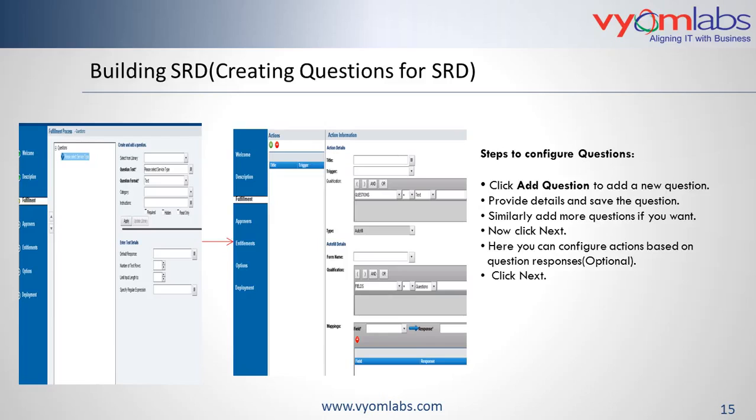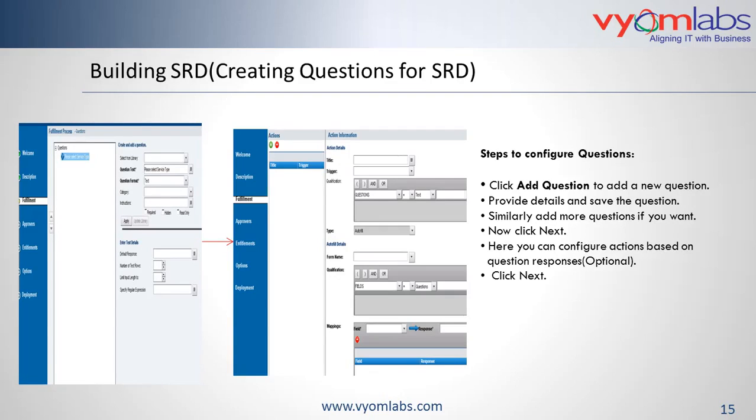This is a little bit of an advanced part of the questions. I will just brief you on it. If you want to use it, you can use it with further reading, or you can just leave it as it is. The actions are basically some actions you want to perform from the questions.